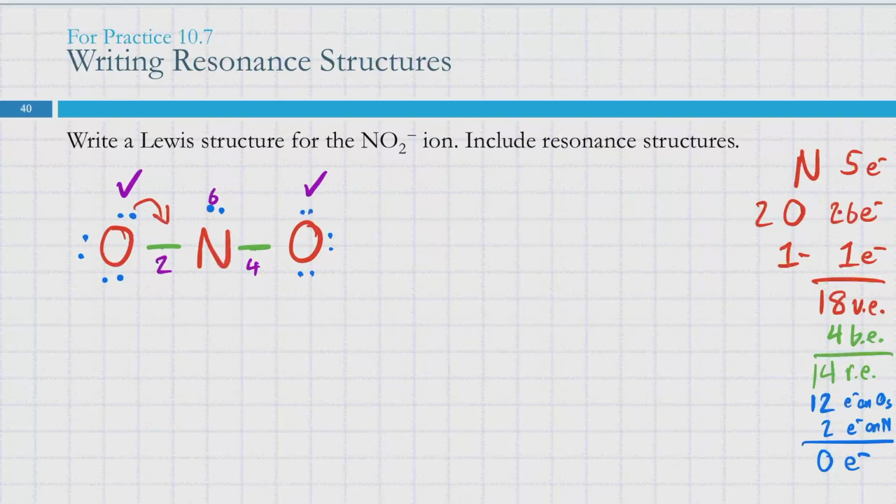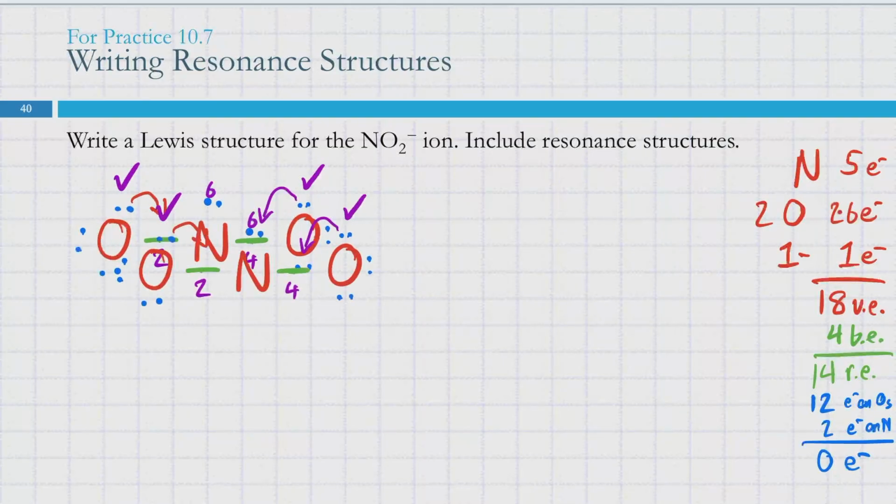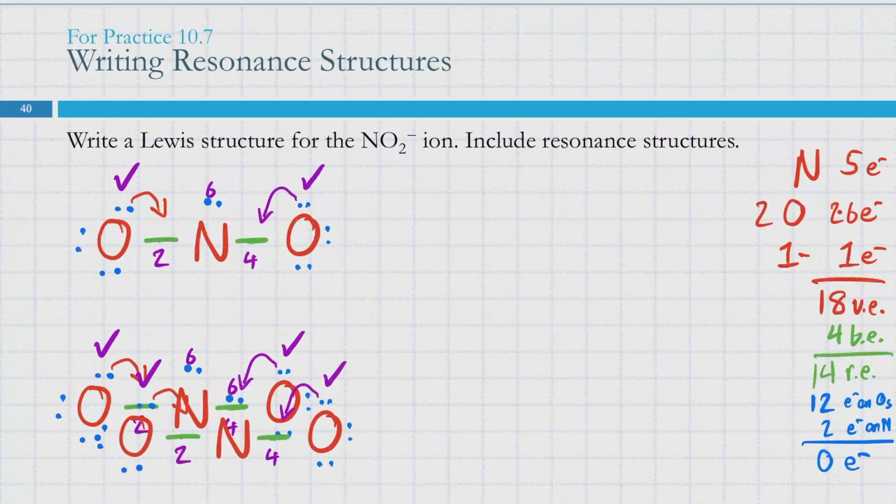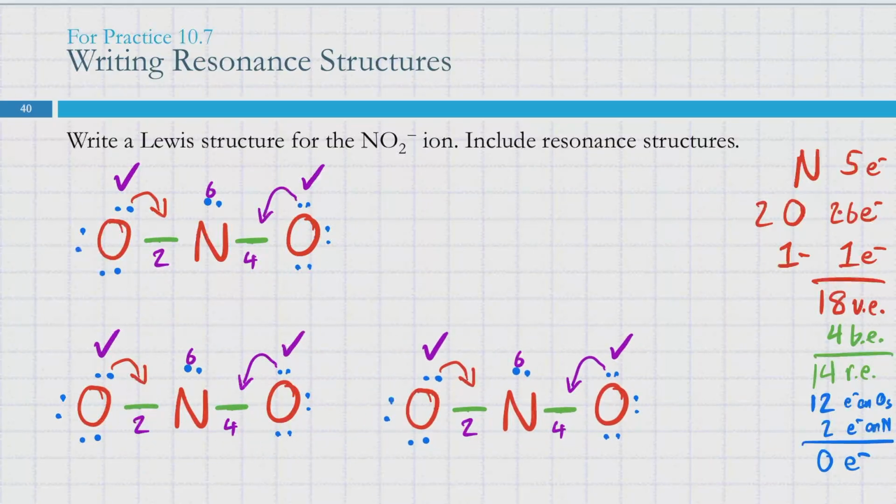So we have a choice to make. We can add a lone pair from the left side, or we can add a lone pair in from the right side. And how to make this very difficult decision? The answer is we don't. We don't make this decision.